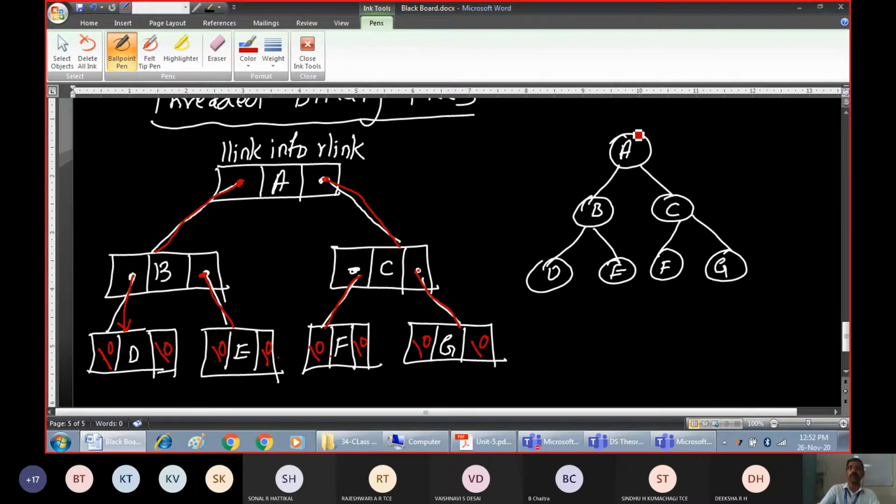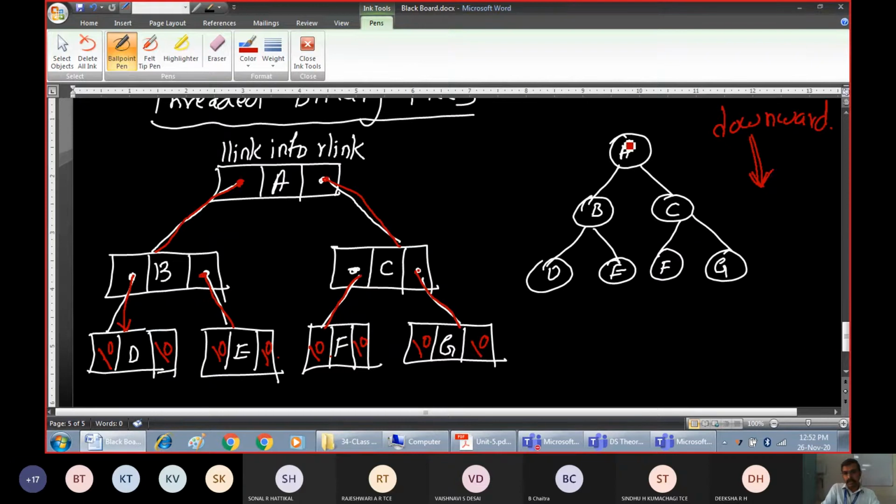That means, how were we traversing till now? We were traversing all these trees in the forward direction, that is, in the downward direction. We were able to traverse the trees only in the downward direction.